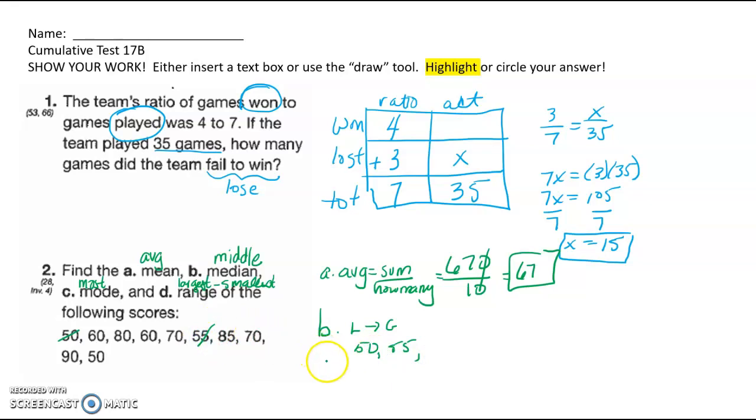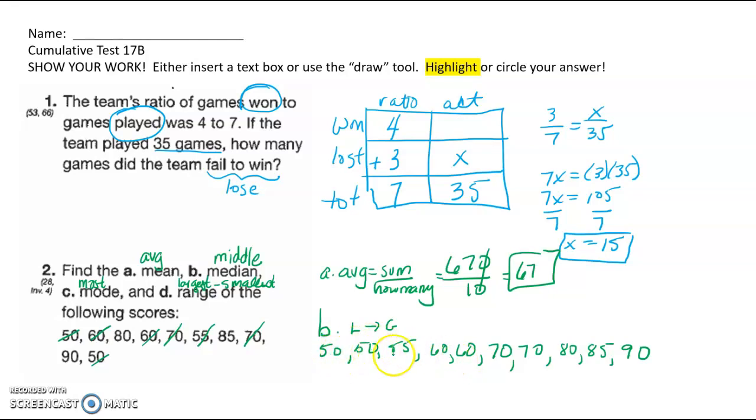And then we have two 50s, so let me put another 50 here. And then we have 60, two 60s, so there's another 60. 70, 70. So those go away. Let's see, 80, 85, and 90. So now we have it in order.